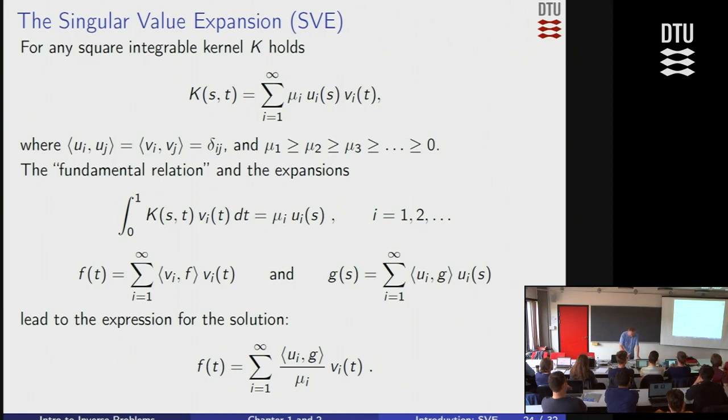The mu's, the scalars there, are called the singular values, and the functions u and v are called the singular functions, of course. I have no clue why these values are called singular values.